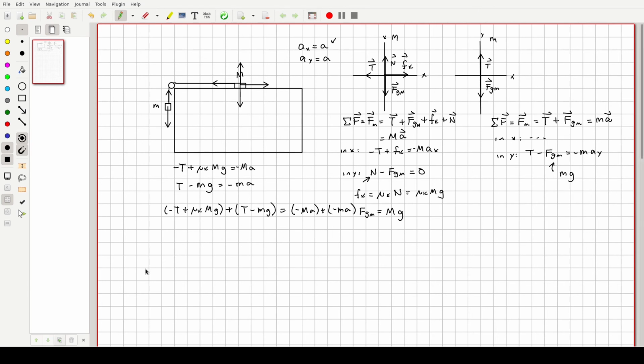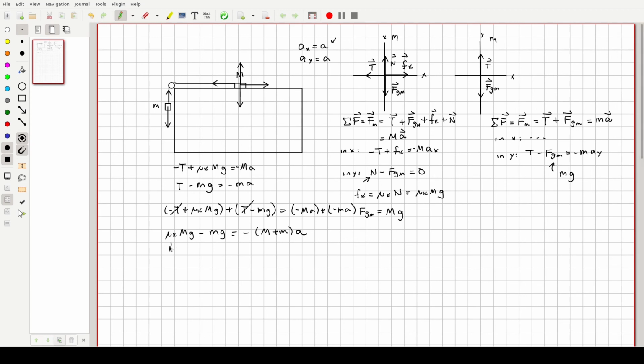Okay, and when you add these things together, the first thing you'll see is that the tensions are going to cancel each other out. So on the left-hand side, you get mu sub k big M times g minus little m times g. And on the right-hand side, you get minus big M plus little m times a.